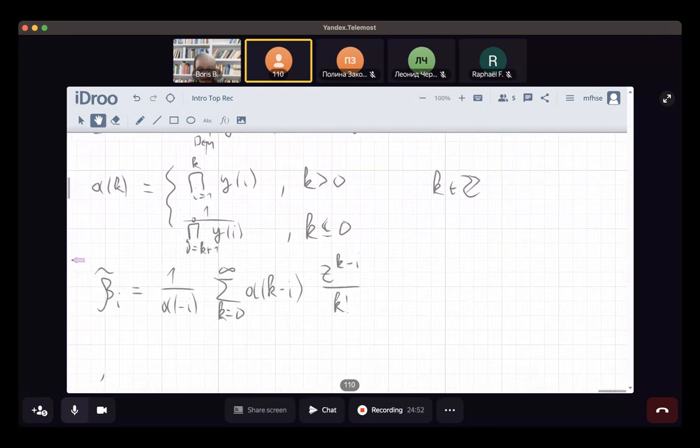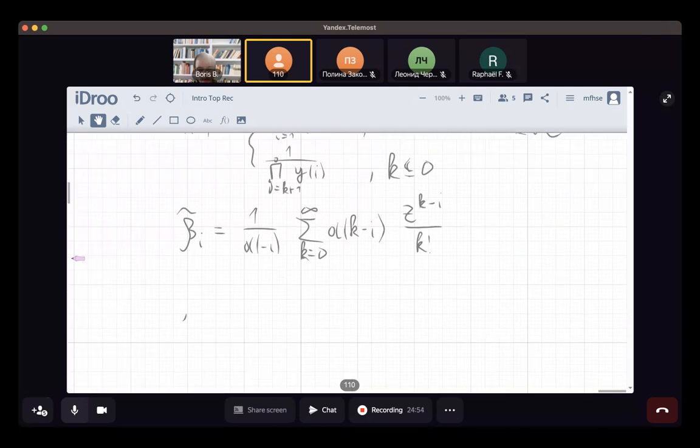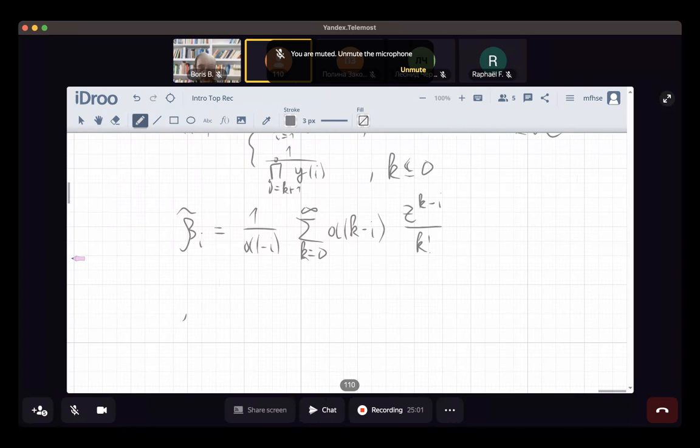Important: it doesn't matter what this y of k is. The reasoning holds. Namely, let's see. We want to write beta 1 tilde wedge beta 2 tilde wedge, and so on, and express it with some coefficients C mu in terms of this basis V mu.